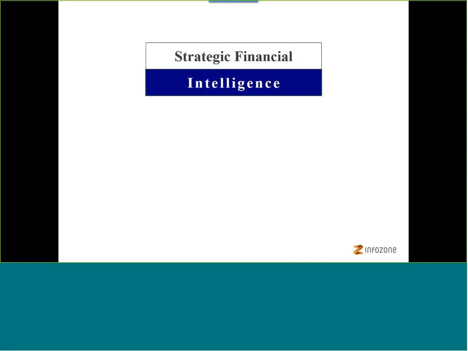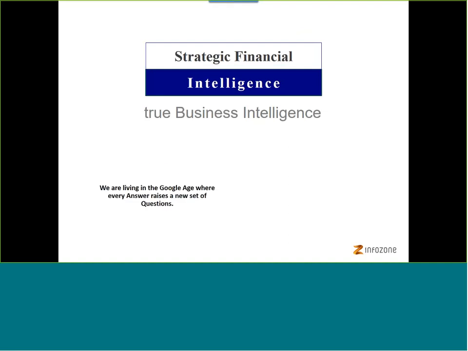So the question is, what is strategic financial intelligence? It's an old term, or the older term was business intelligence, but it got a little bit hijacked by everything is now business intelligence. So it's just to pull back and focus on a specific part of what is known as data analysis today.